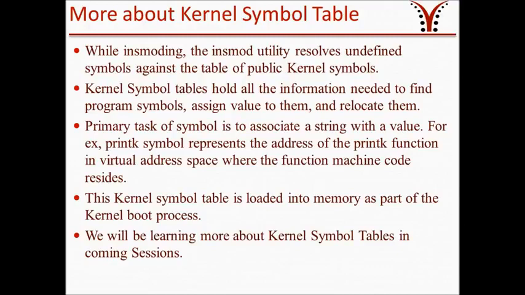Kernel symbol tables hold all information needed to find program symbols, assign values to them, and relocate them. The primary task of a symbol is to associate a string with a value. For example, the printk symbol represents the address of the printk function in virtual address space where the function machine code resides. This kernel symbol table is loaded into the memory as a part of the kernel boot process.